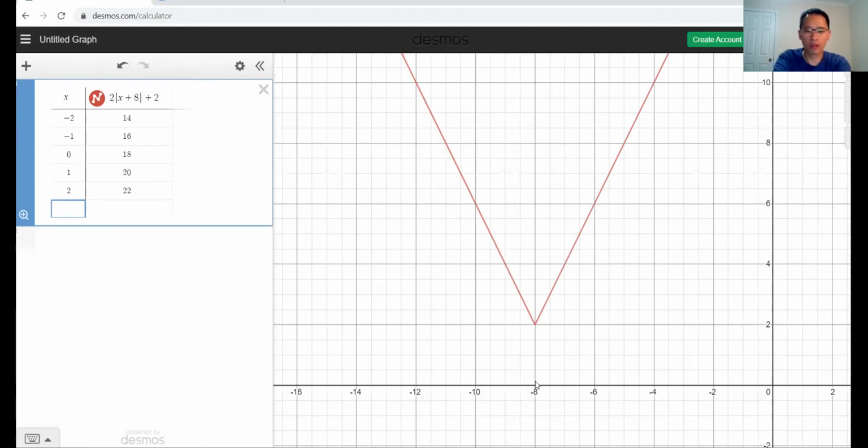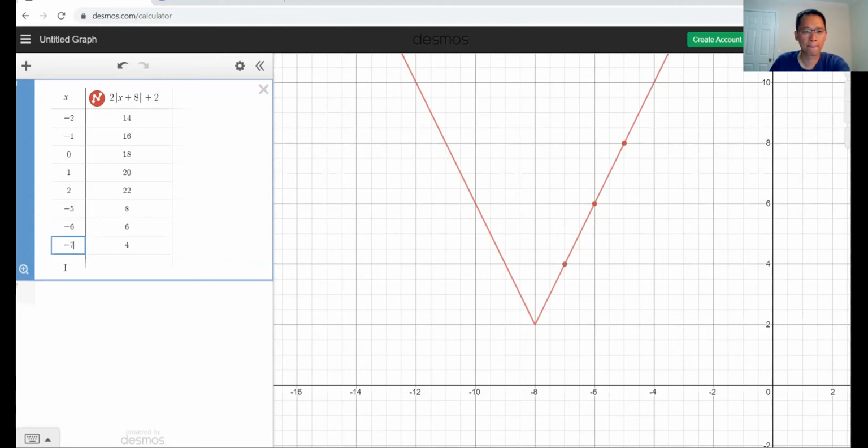The way we can find those values is you can just type in whatever value you're looking for, and it'll plot that point and identify the y value for you. So -6, -7, -8, -9, and then -10.